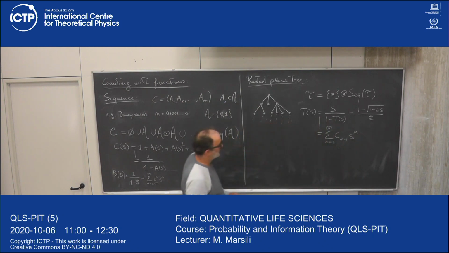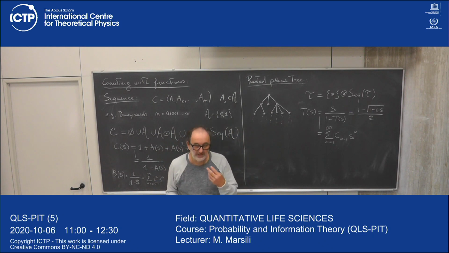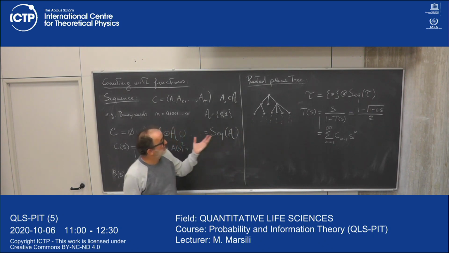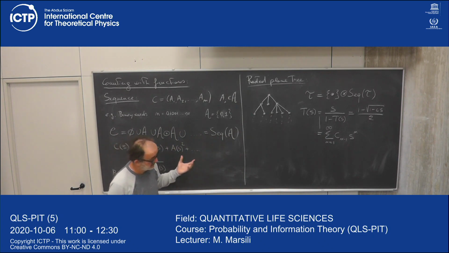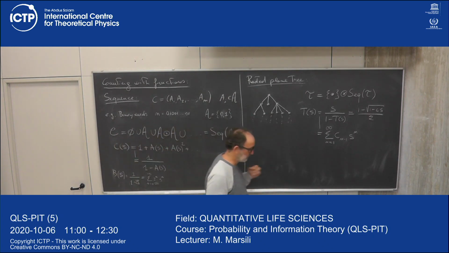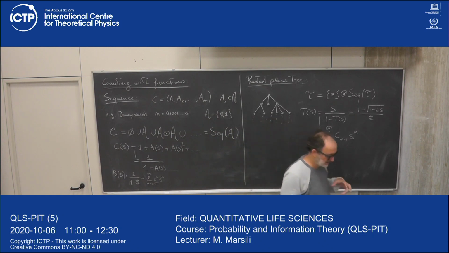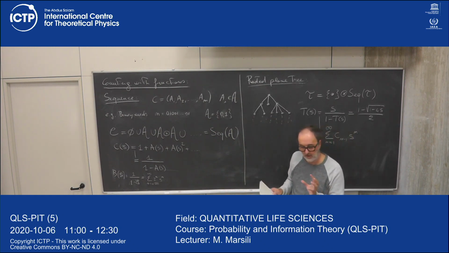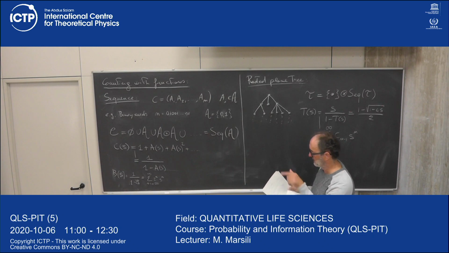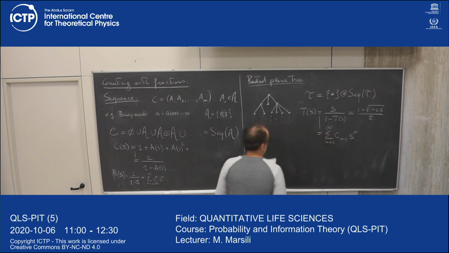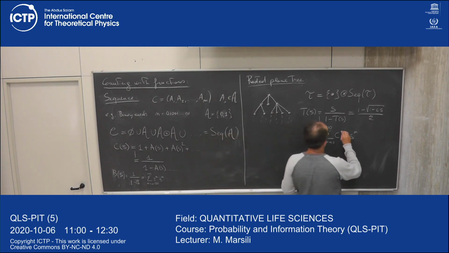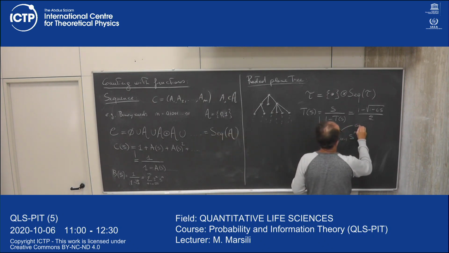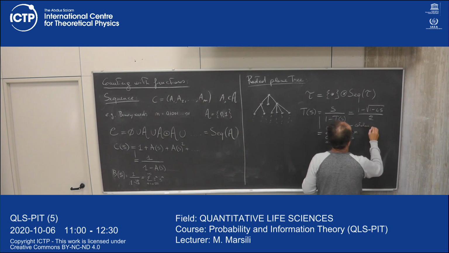This tells you that the number of rooted plane trees of n nodes is equal to the number of ways you can triangulate a polygon of n plus 1 sides. So again, this is the Catalan number.